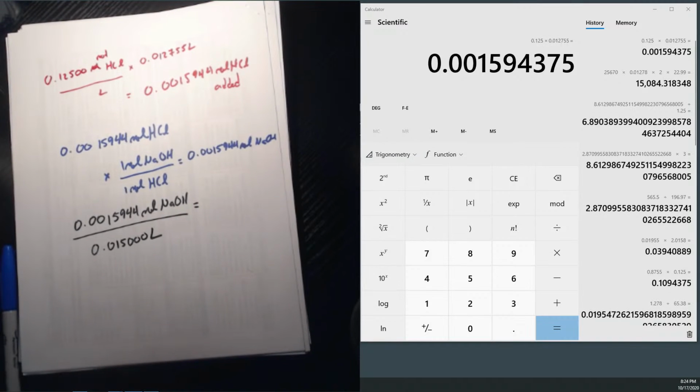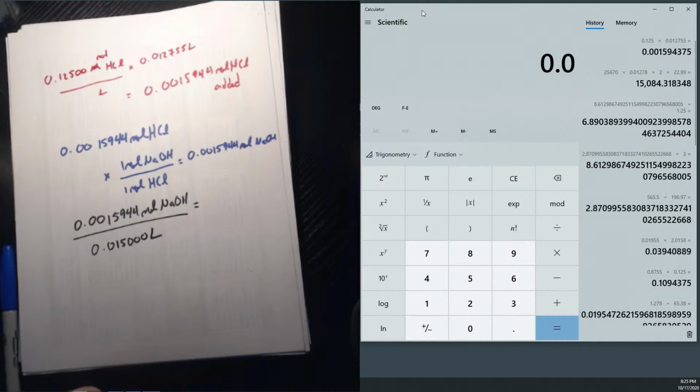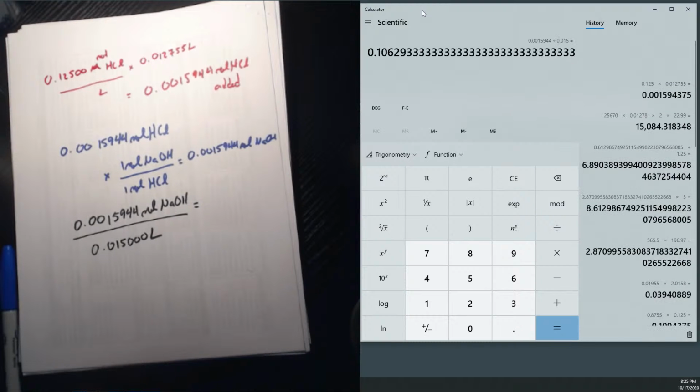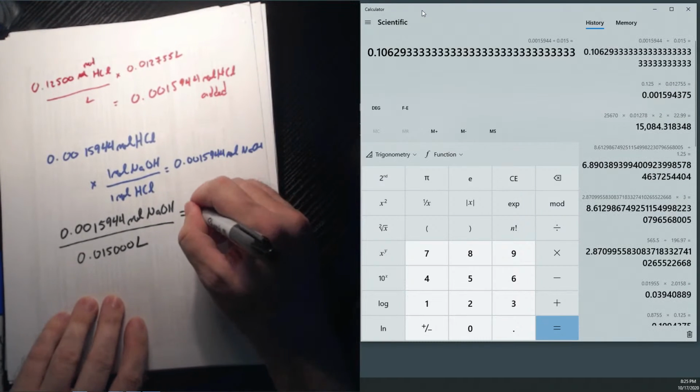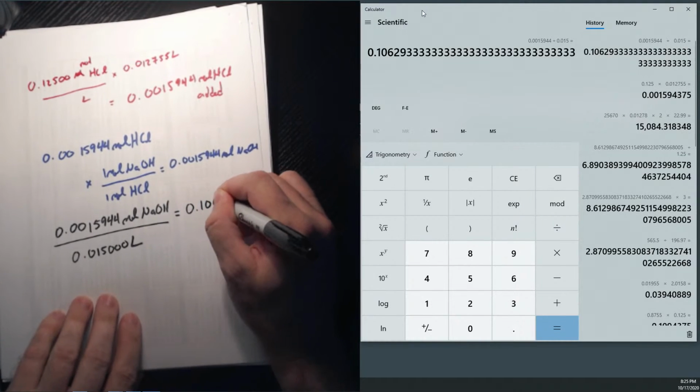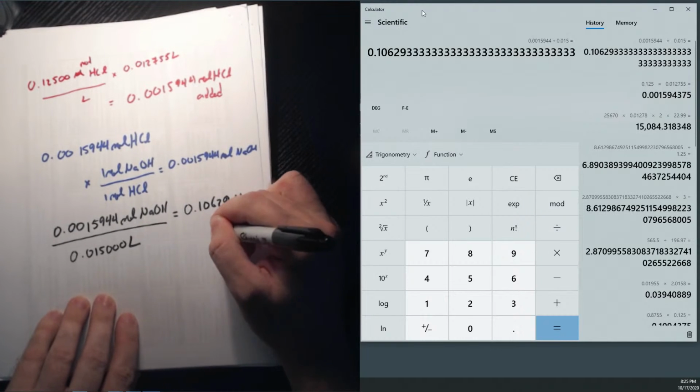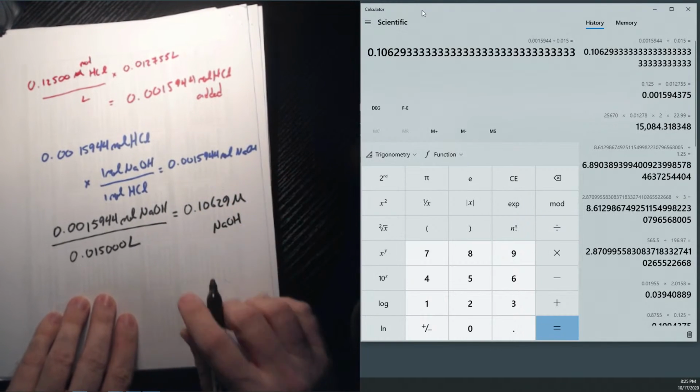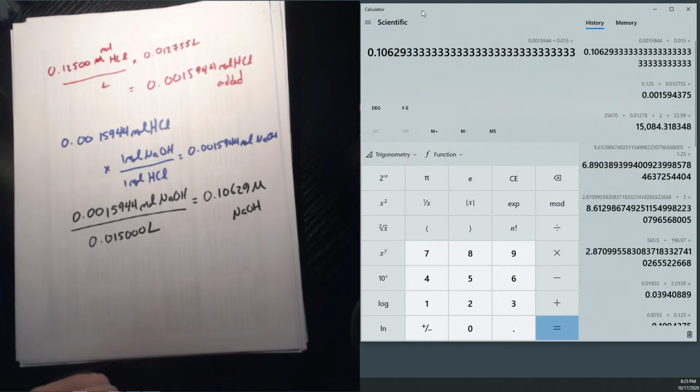So 0.0015944 divided by 0.015 gets us a concentration of 0.10629 molar NaOH.